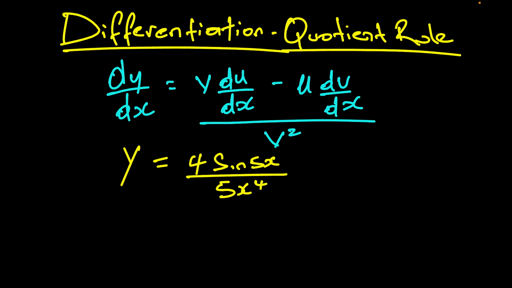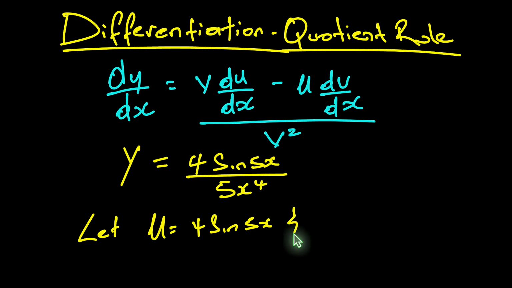In this case, let u equal our numerator, so let u equal 4 sin 5x, and let v equal 5x to the power of 4. So those are our assigned variables.